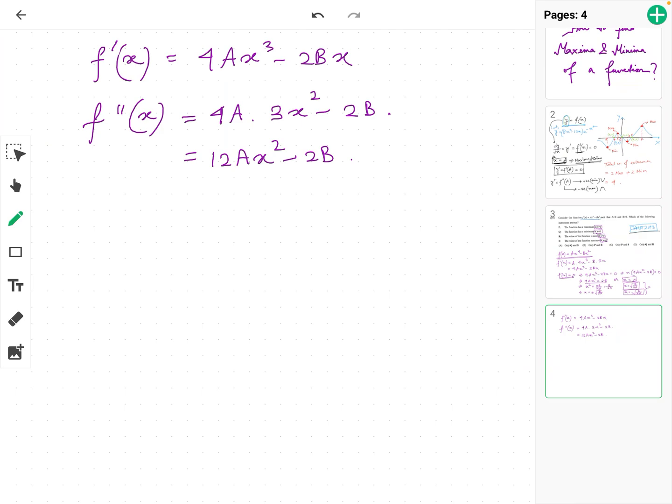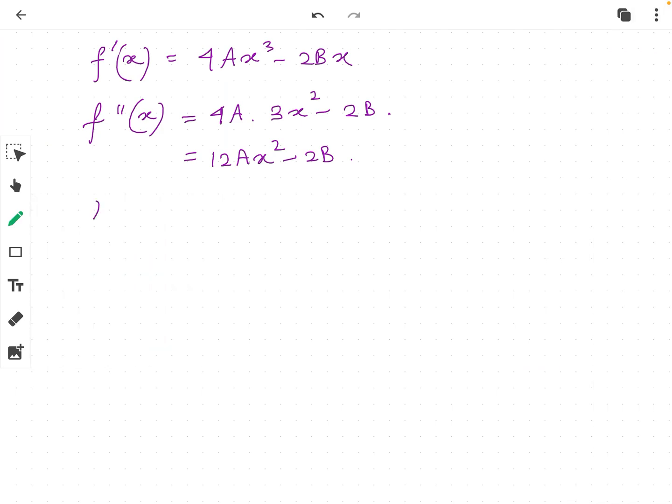So f double prime 0 is equal to 12 times a into 0 squared minus 2b. And that is equal to minus 2b, because this term becomes 0. So we get f double prime 0 is equal to minus 2b, and b is a constant.